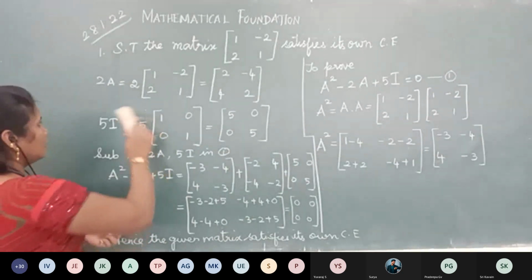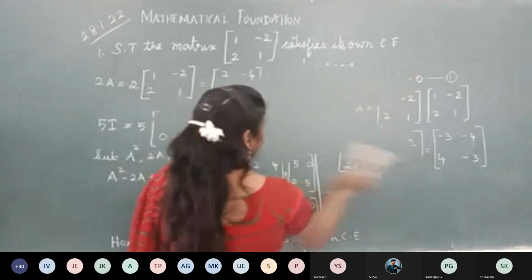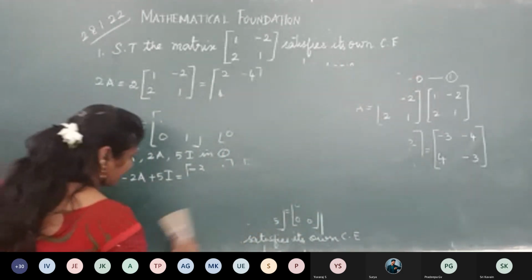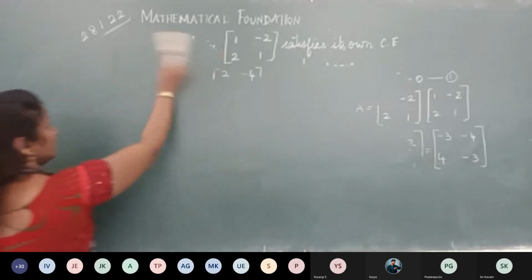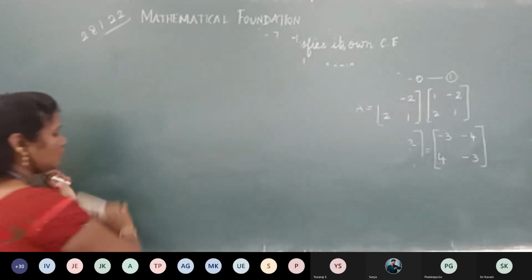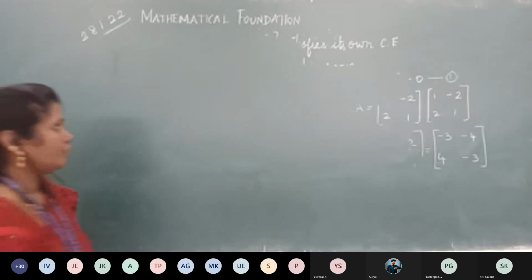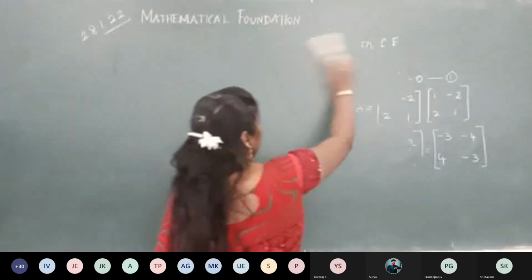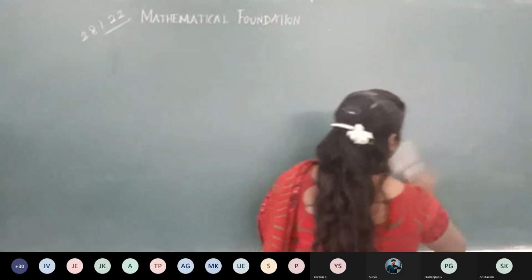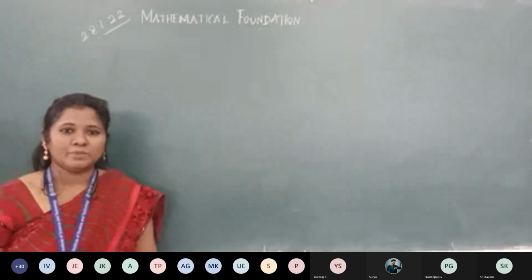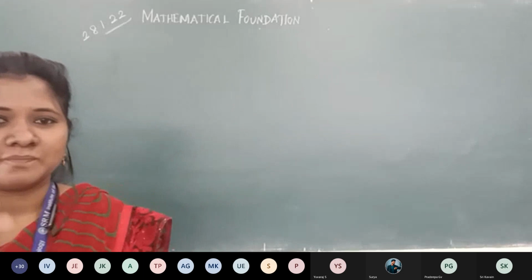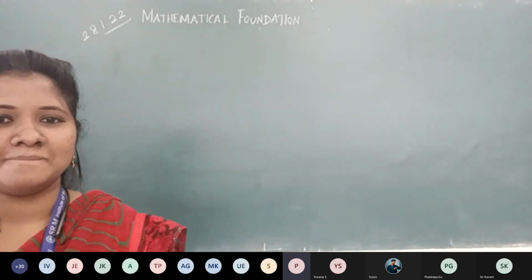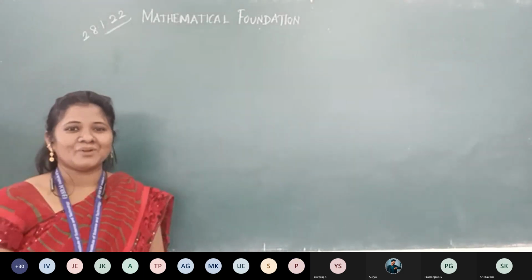Okay, so I will go on to the next one. I want you to answer so that the problems will be done very easily and we can do more problems. If you are very quiet like this, I don't know whether I'm audible. You're all able to hear me or not? Yes, ma'am. Then why are you not answering?